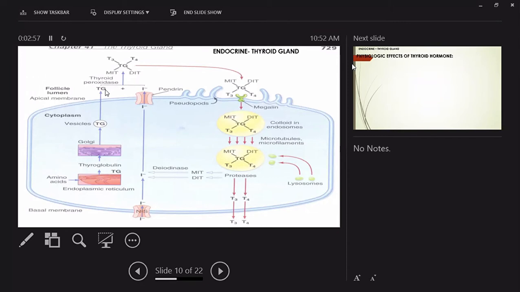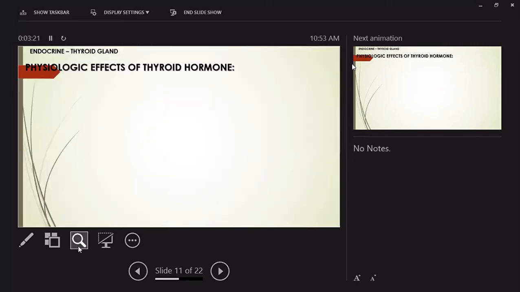And then thyroid peroxidase will help in the formation of your thyroid hormone: MIT, DIT, T3, T4.